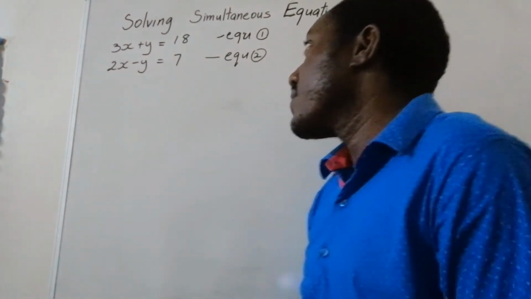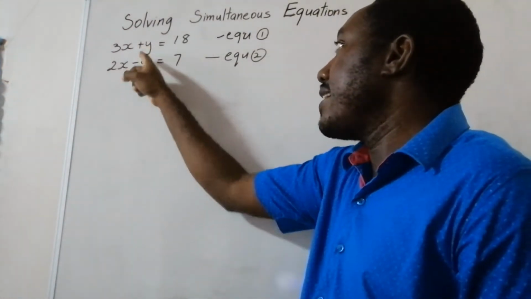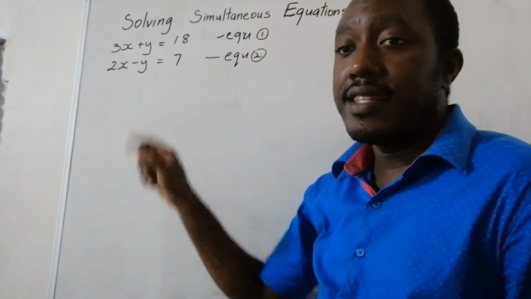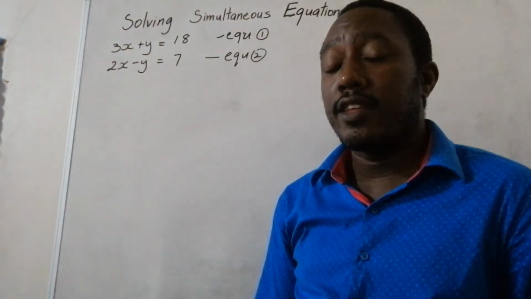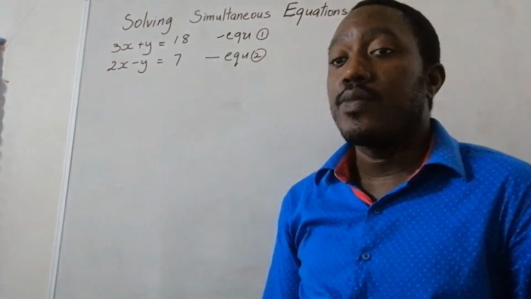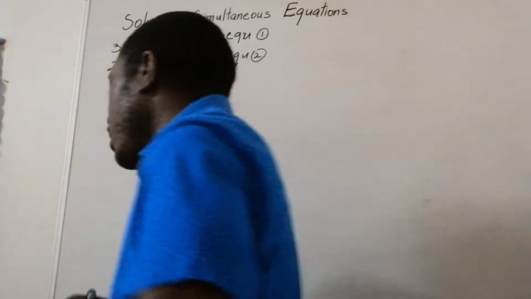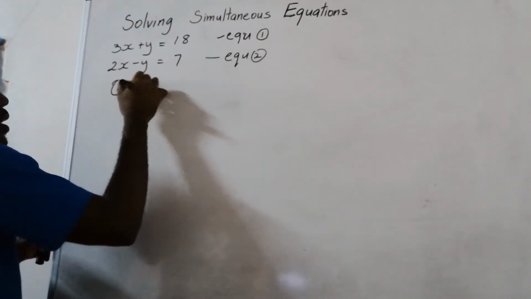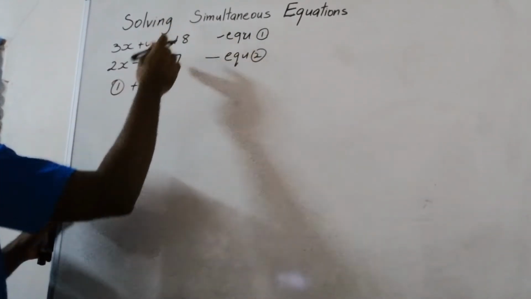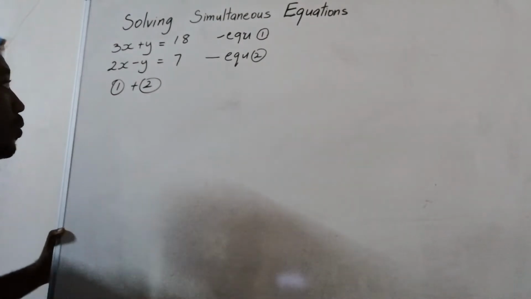Since the signs are different, this is how we get rid of it. If the signs are different, we add the two equations. So we add equation 1 plus equation 2, the entire equation 1 plus equation 2.